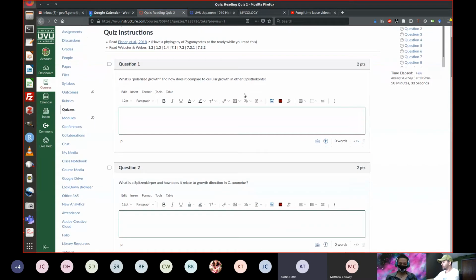Okay, so let me do a little drawing here. So here's a fungal hypha, and the Spitzenkorper is that cluster of tightly aggregated secretory vesicles. All right, so they're excreting a bunch of stuff.